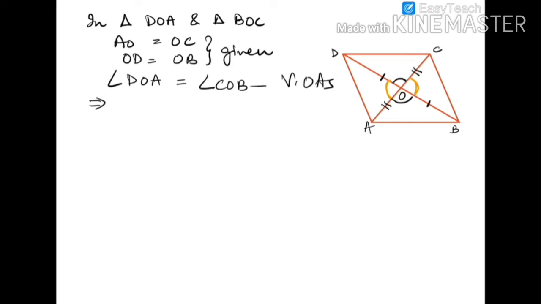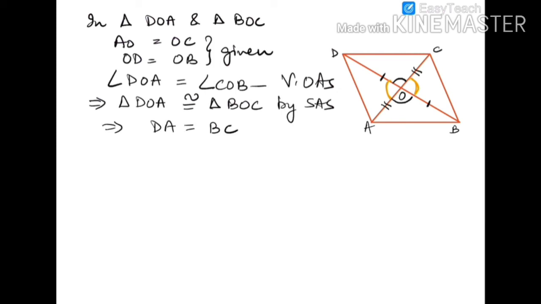So we have two sides and an included angle in one triangle equal to the corresponding two sides and an included angle in the other triangle. So triangle DOA is congruent to triangle BOC by SAS. Therefore, we can say DA is equal to BC.